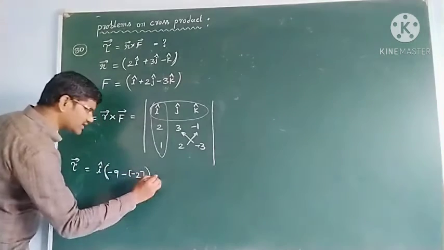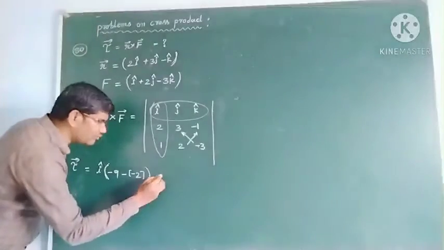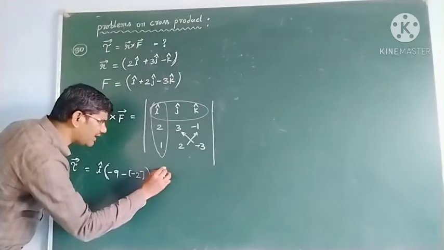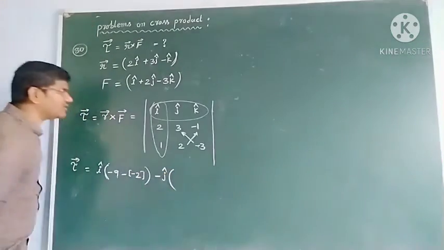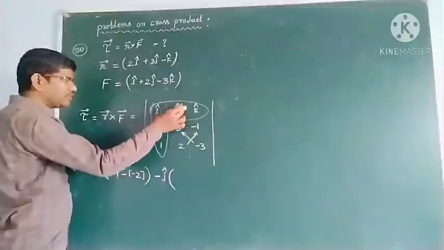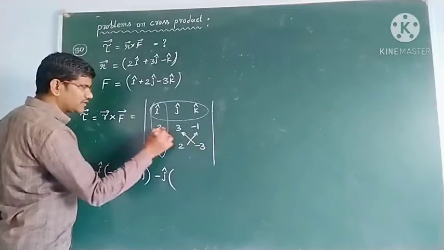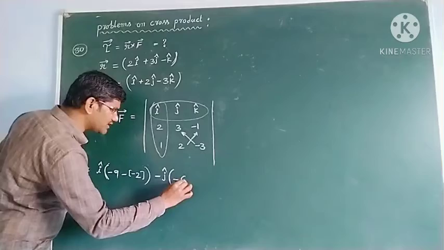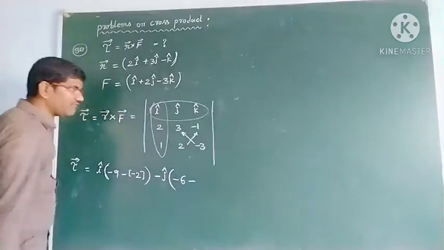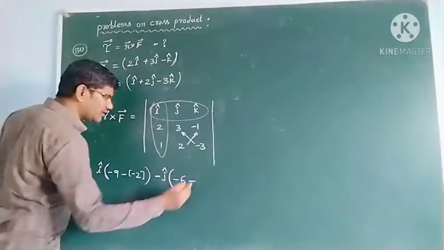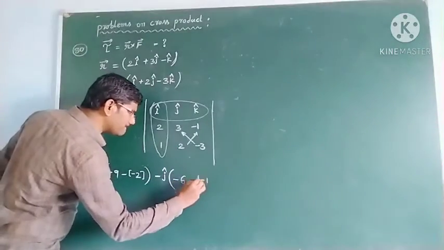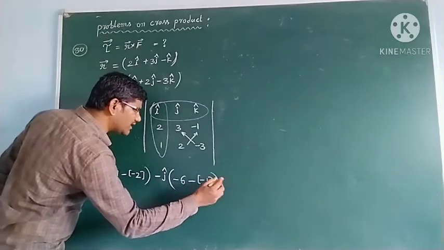Okay students, and again in the formula we have minus j cap. Close this vertical line. 3 into 3, 3 into 2, minus 6, and in the formula we have minus 1 into 1 minus 1. So 1 into 1 minus 1.